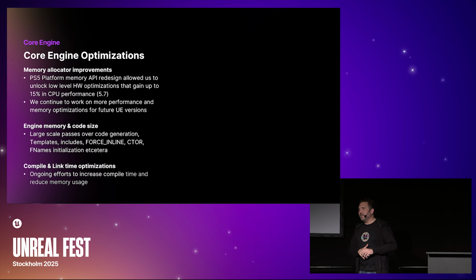And it's kind of crazy how big of an impact a memory allocator can have. So we're doubling down on that, and we have some further work to improve it. The other platforms are already running some of this new tech, but the PlayStation 5 was behind, so now the PlayStation 5 is also running the new stuff.